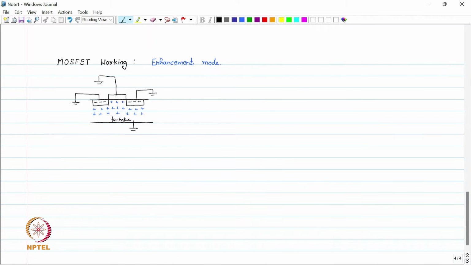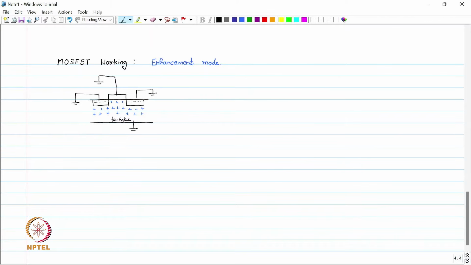So when gate is at 0 volt, it means the P body is having excess of holes and there is no current flowing from the source to the drain, because there is no channel formed below the gate, or there is no charge inversion below the gate oxide. This is case 1 when we are not applying any voltage on the device.